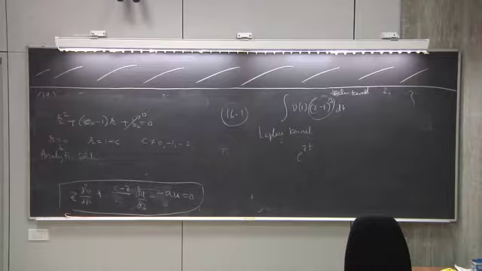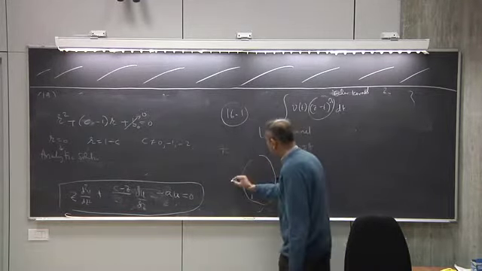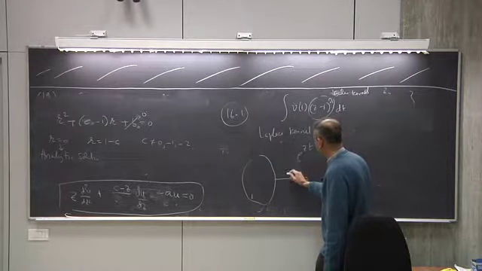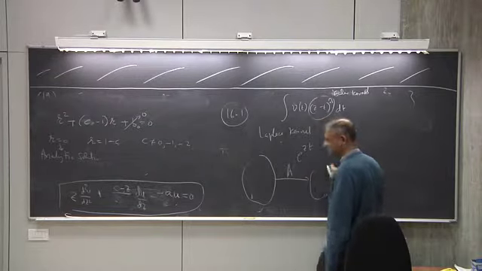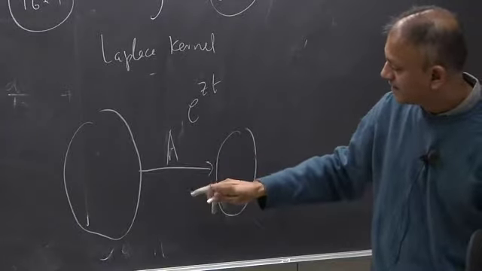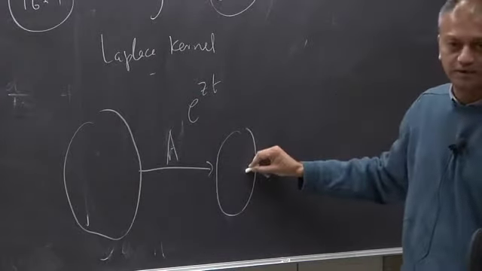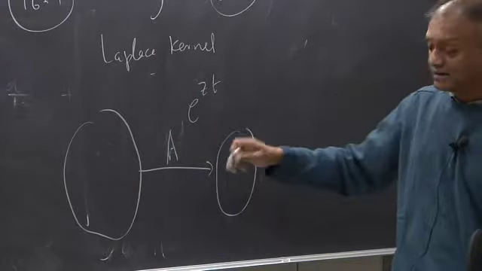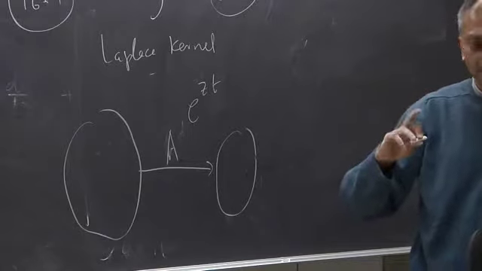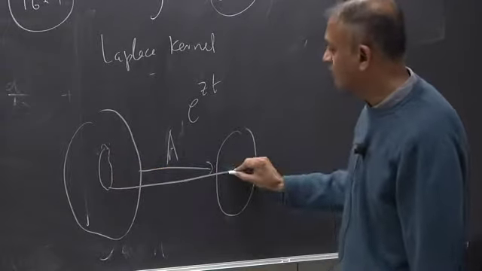Let's say there is some map A from one space to another space, or from one variable to another. Every point here will be mapped to some point there, but it need not be a one-to-one map. Several points, or even some subspace, could be mapped to just one point.